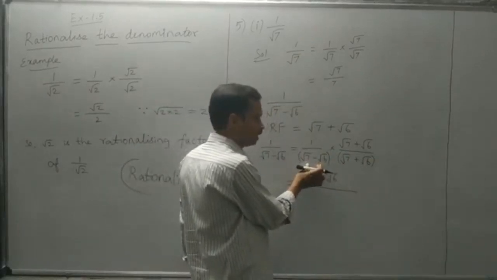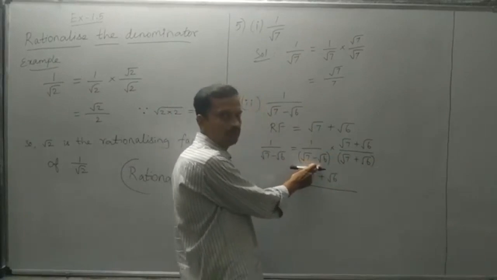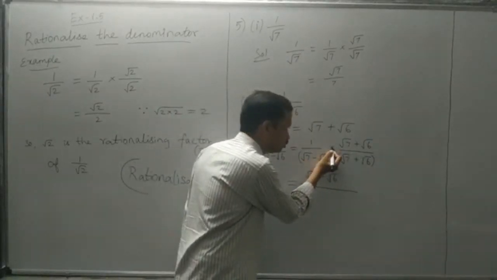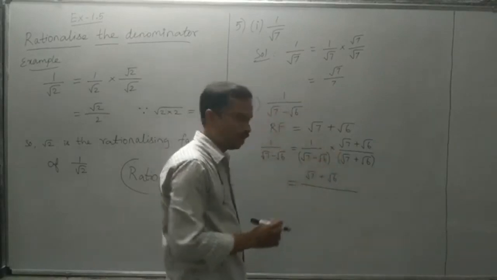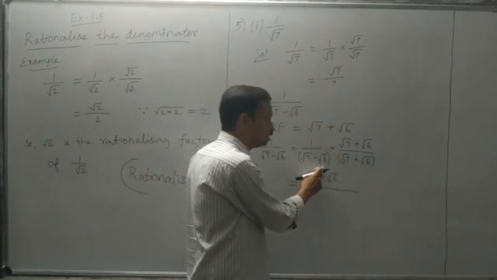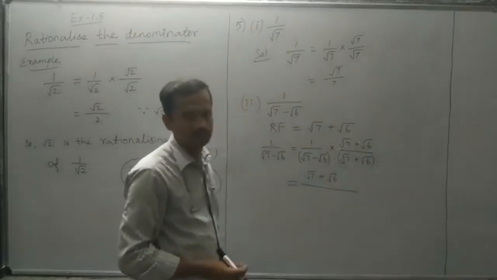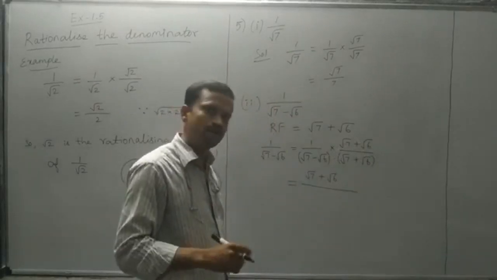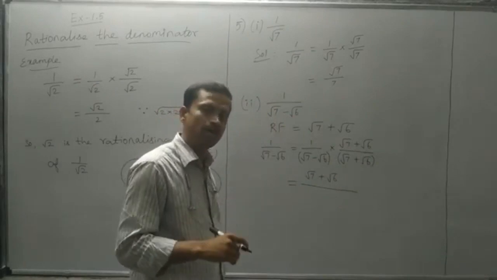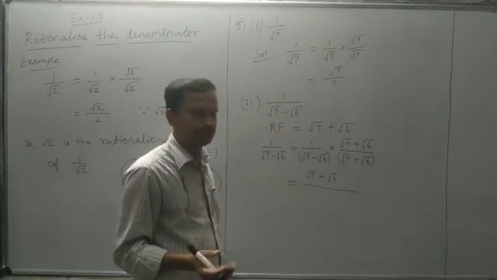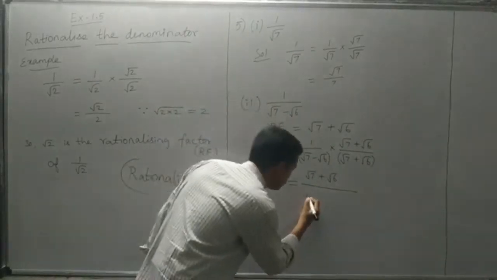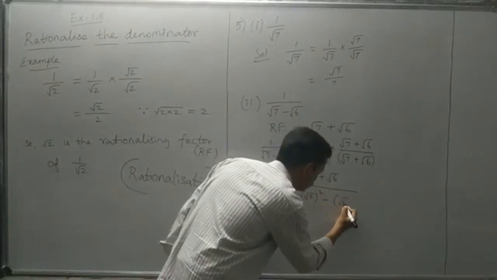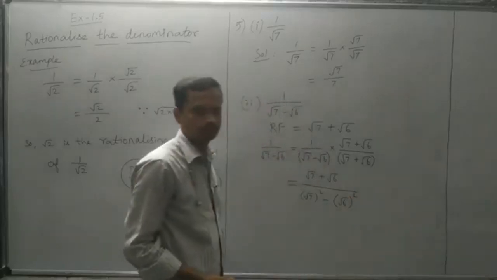So this is of the form A minus B into A plus B. This is the multiplication for both numerator and denominator. Since it is of the form A minus B into A plus B, we can apply that identity. What is A minus B into A plus B? A square minus B square. So root 7 whole square minus root 6 whole square.